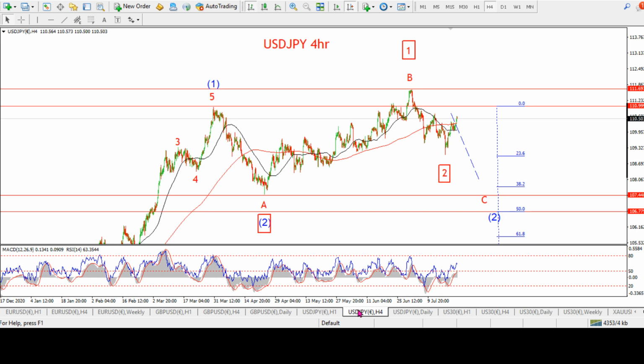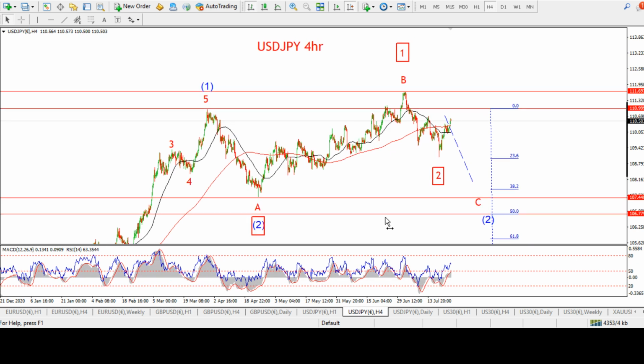Okay, let's move on. This is pound dollar, or sorry, dollar yen. Now, there is also a heavy hint, let's say, this week that there is something brewing here in dollar yen.